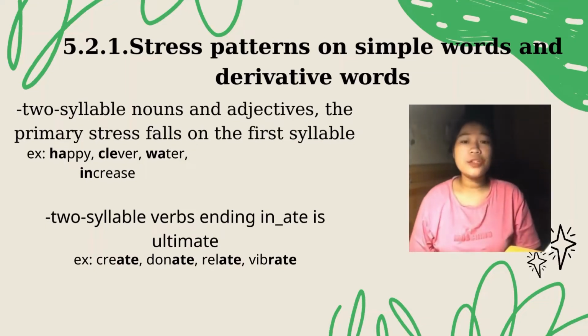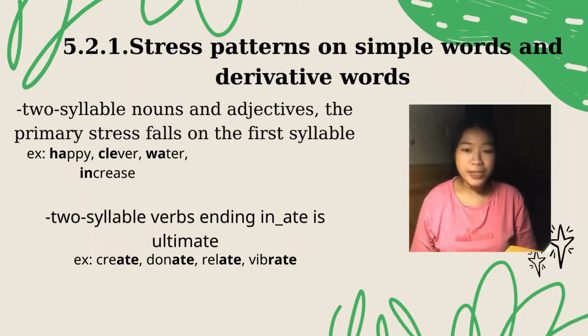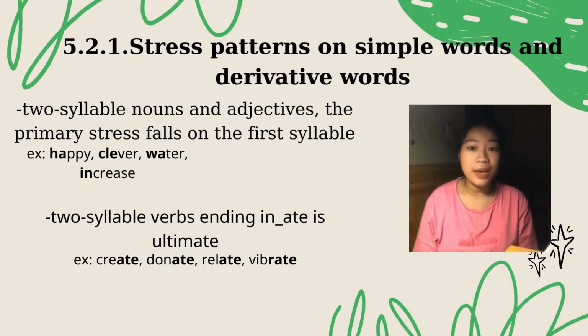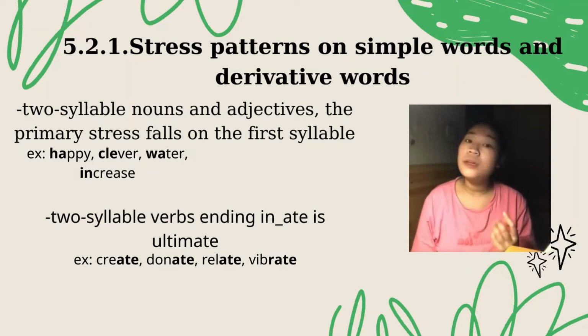Native English nouns and adjectives that have two syllables take the penultimate stress, whereas the main stress of two-syllable verbs is ultimate. This rule is always true for verbs ending in ate, such as create, donate, relate, and vibrate.